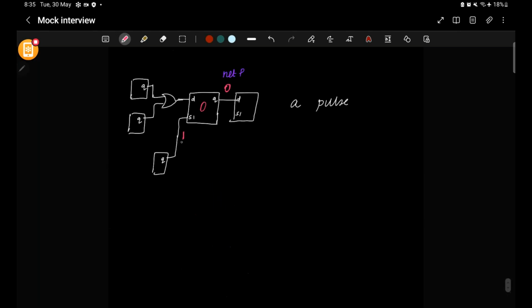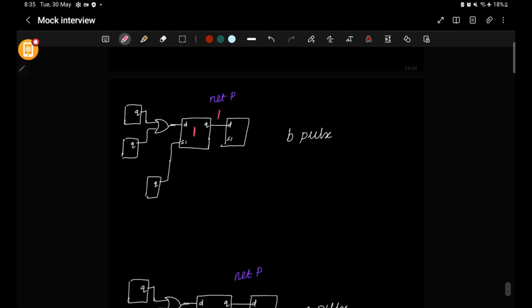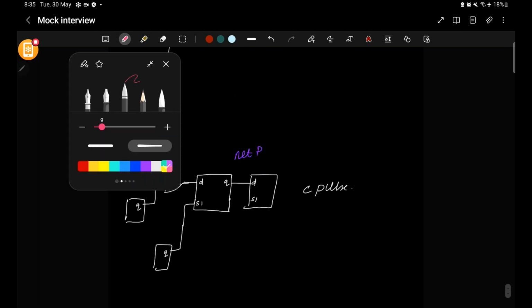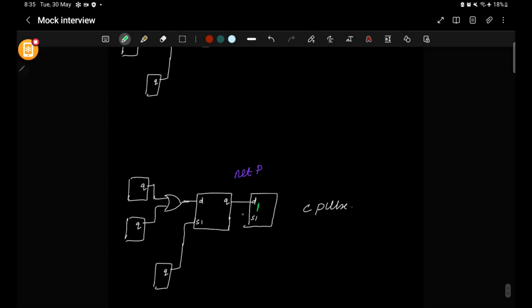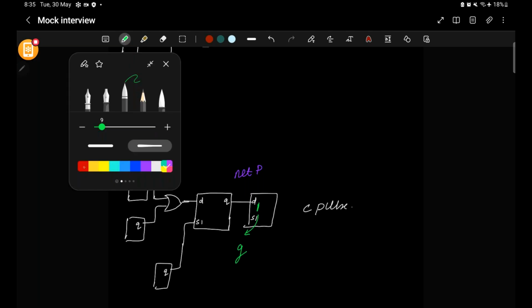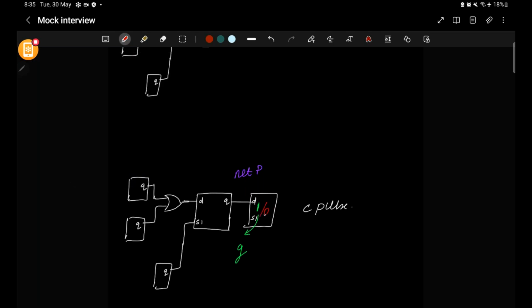So here if it has to be 1, then at A pulse this has to be 1. Only then this output net will become 1. And during C pulse, as usual, if this net is not having a slow to rise fault, then it would have changed to 1, and this is a good value. If it is having slow to rise fault, then it will be 0. That is a faulty value.